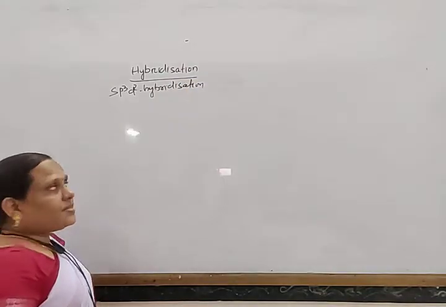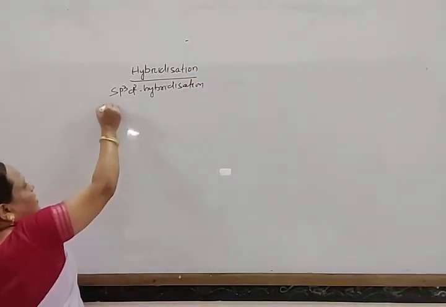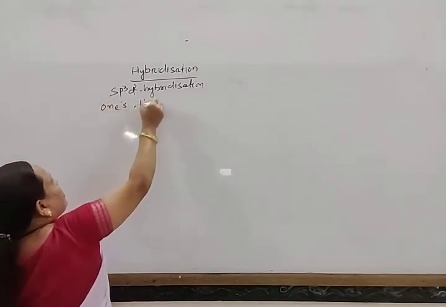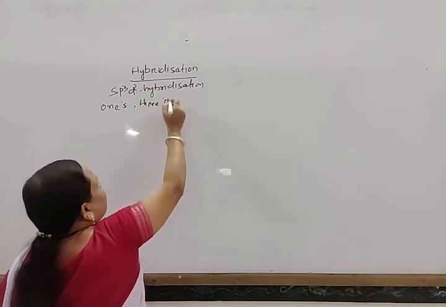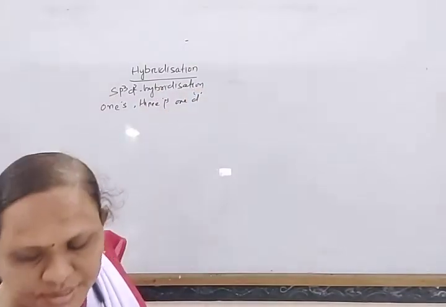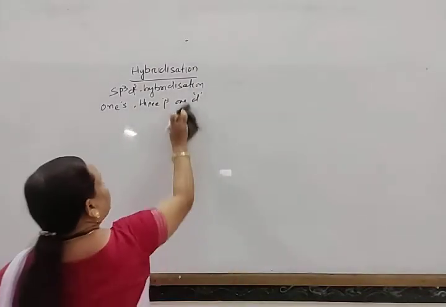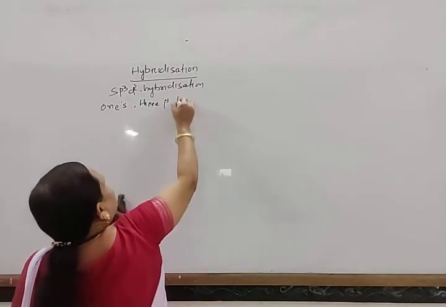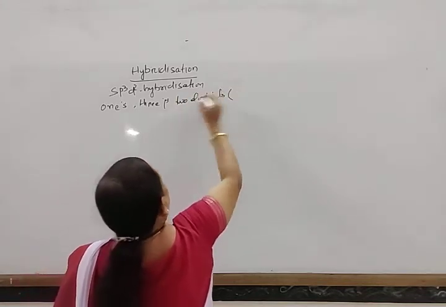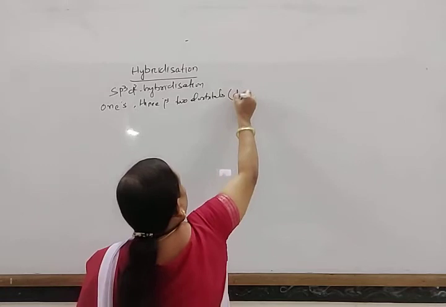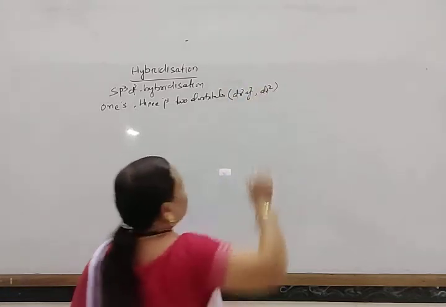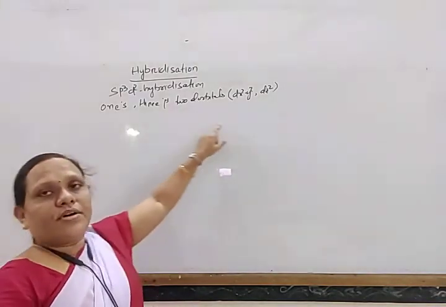As the name suggests, here one s orbital, three p orbitals and two d orbitals are involved. Generally the dx square minus y square and dz square orbitals are involved in this type of hybridization.